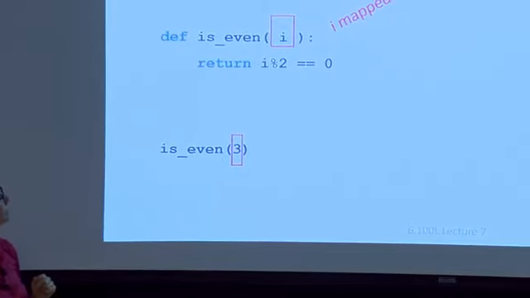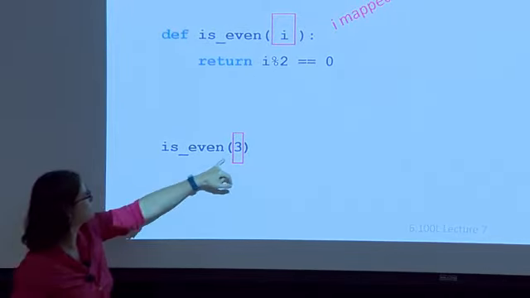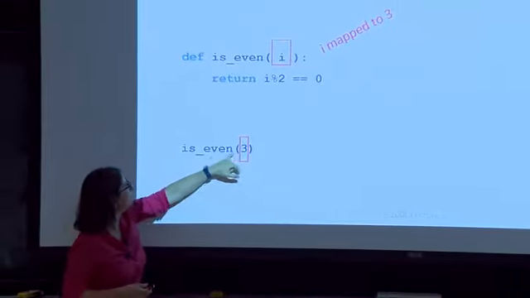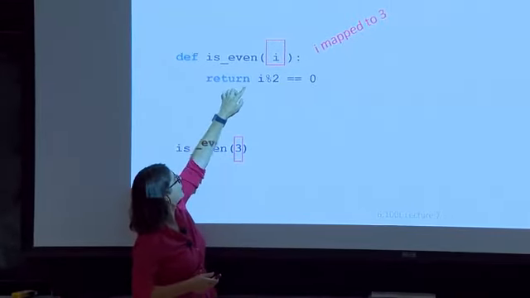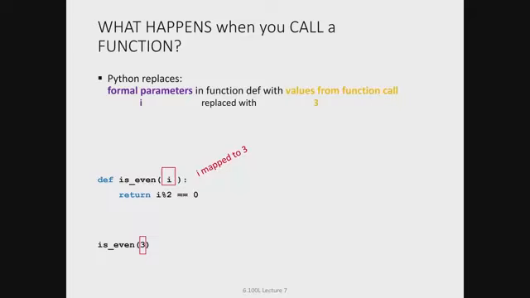So when Python sees this function call with 3, it goes into the body of the function and says, all right, what are my parameters? There's only one, it's i. And it's going to map them one by one to all the actual parameters given in the function call. So basically it just maps i to 3. And then it executes the body of the function. So it replaces everywhere you see i. It might have a longer bit of code here, but here we just have one line.